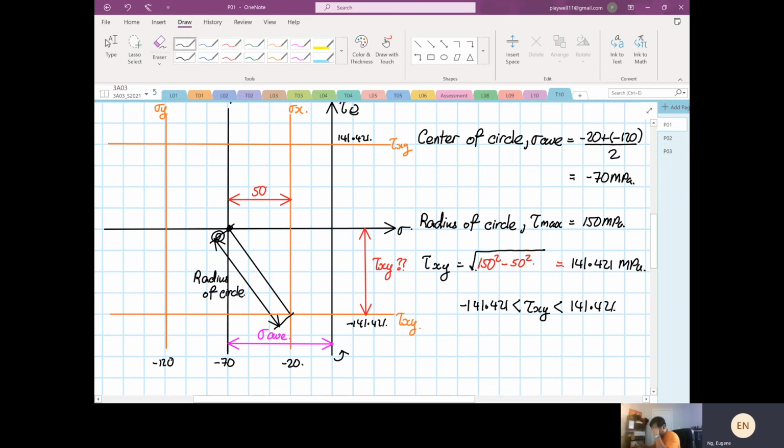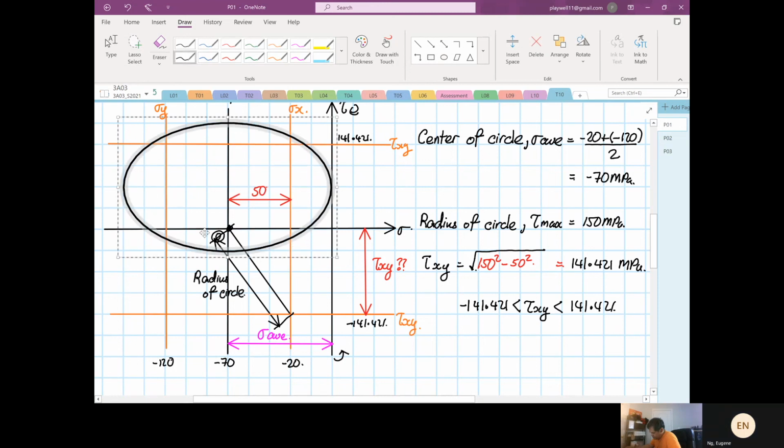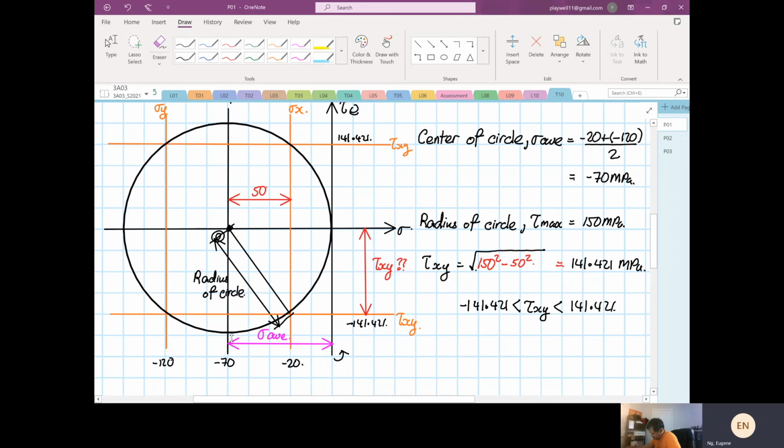So I'm going to quickly sketch our circle. If you have a compass, you draw immediately. So this is our circle now. So that's our Mohr circle.